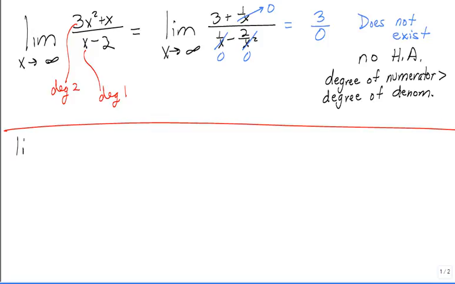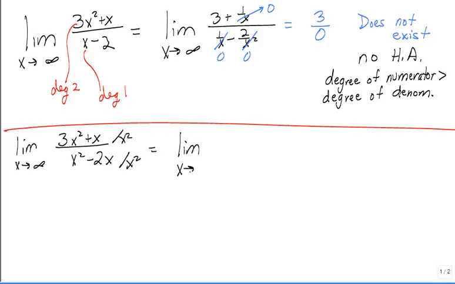Okay, try this one. What about the limit as x goes to infinity of 3x squared plus x over x squared minus 2x? Now, the highest power of x is 2, so I'm going to divide everything by x squared here again. And that's not changing the problem when you do it to each term.